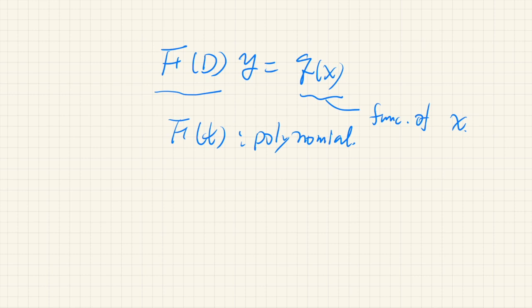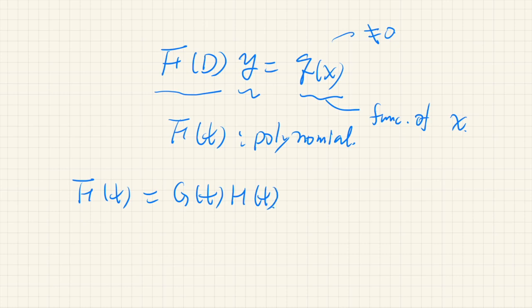When this function q is constantly equal to 0, then this is just a homogeneous differential equation, and we already know how to solve this. So let's assume q is non-zero. Now, if this f of t, this polynomial, can be factorized into two factors, g and h, then we can rewrite this differential equation using these factors.